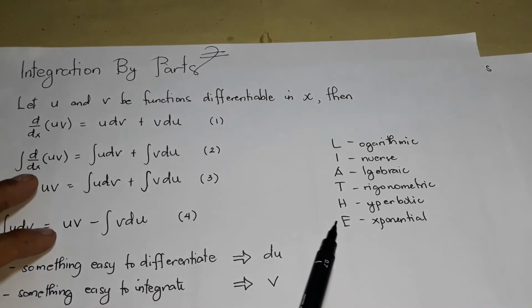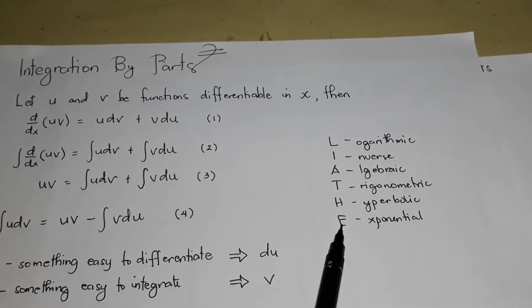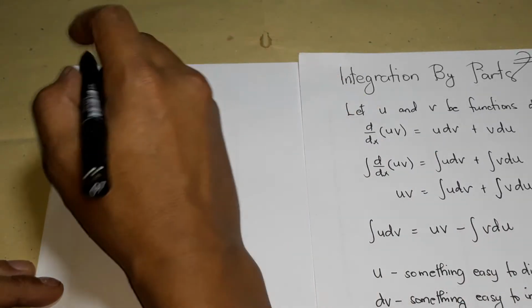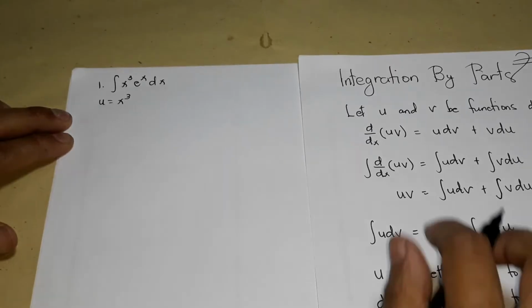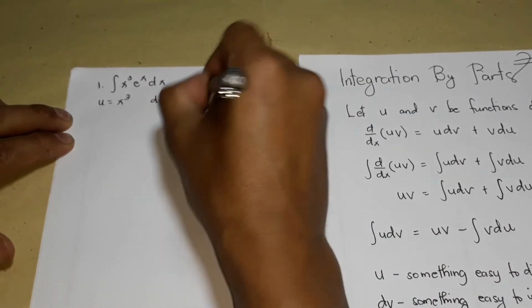From the hierarchy, the algebraic function comes first before the exponential. So we will let u be equal to x cubed and dv will be e to the x dx.